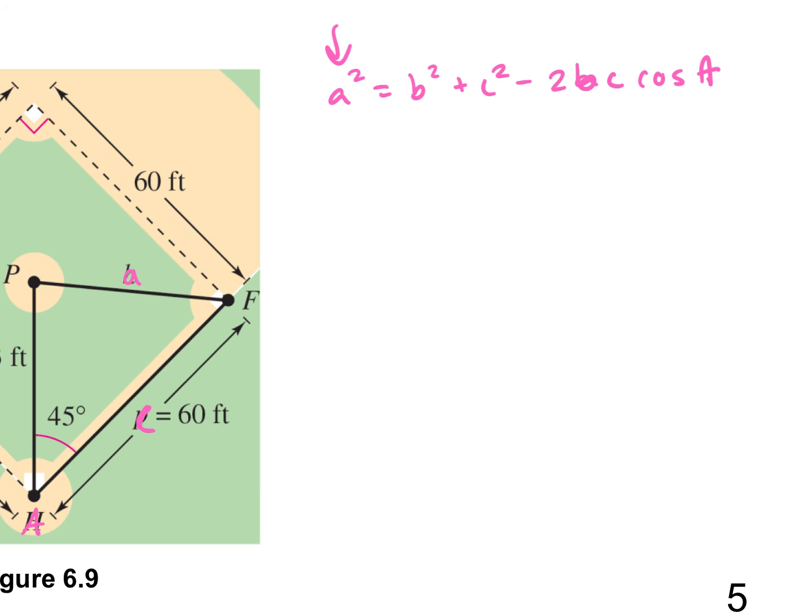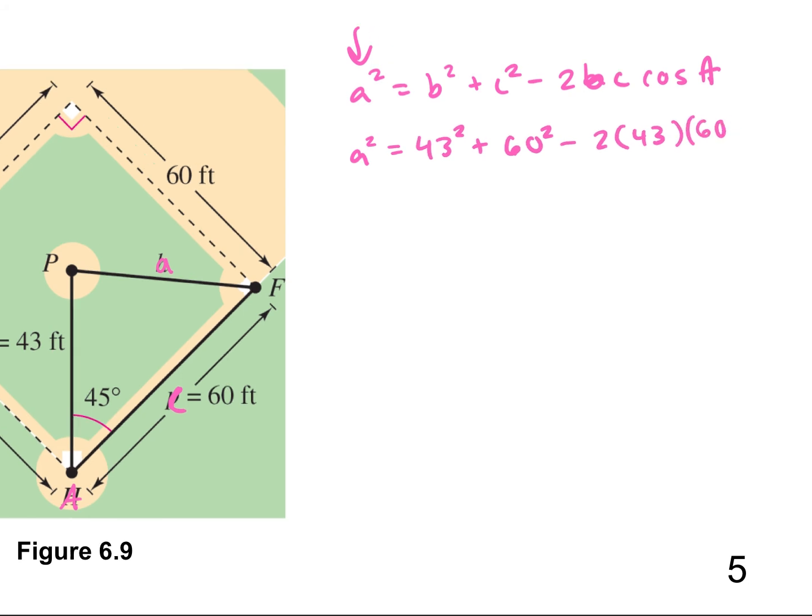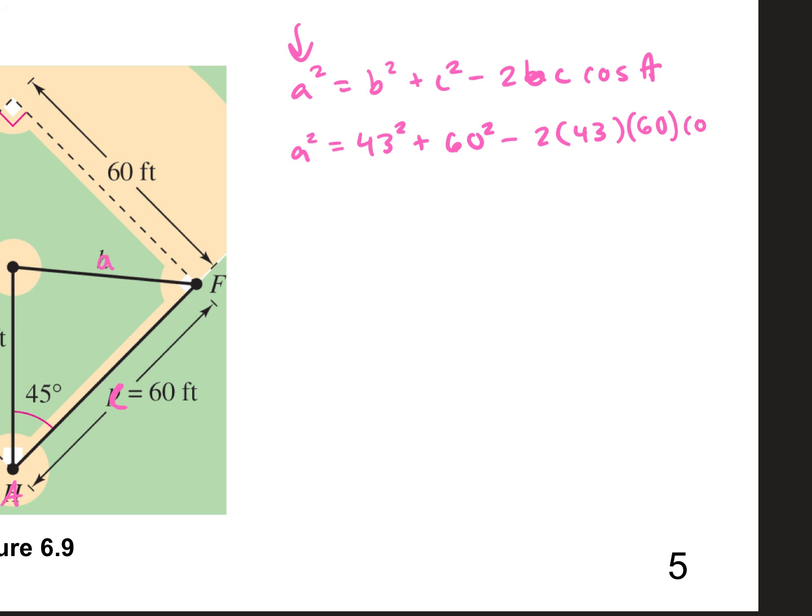So then from here I can plug everything in. So A squared is equal to, B was 43, so 43 squared plus 60 squared minus 2 times 43 times 60 times cosine of 45.